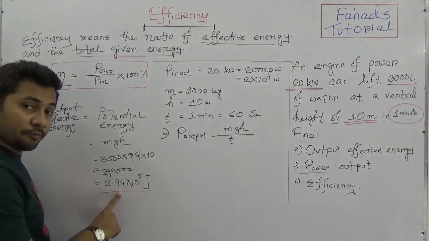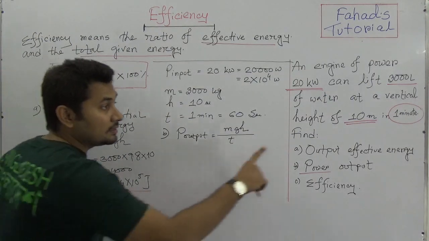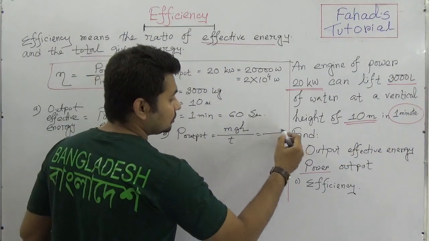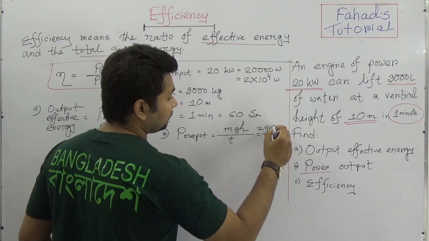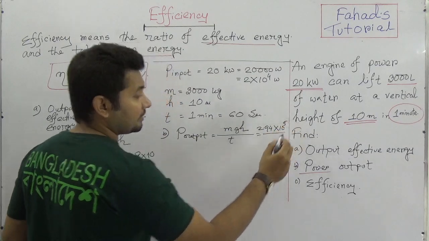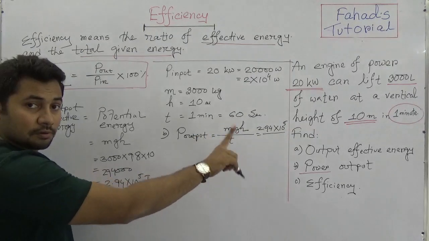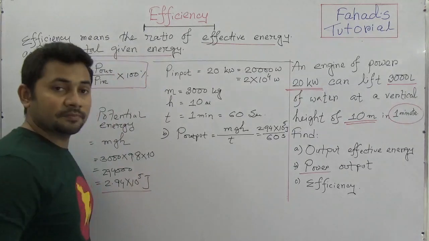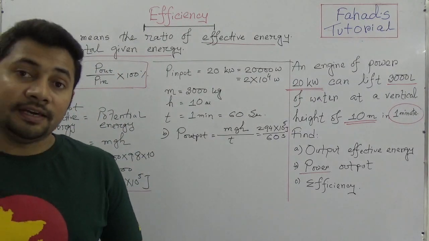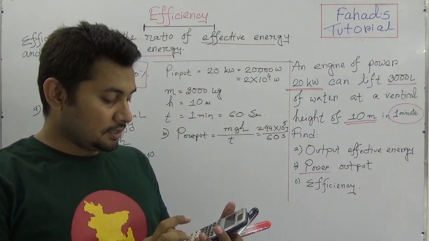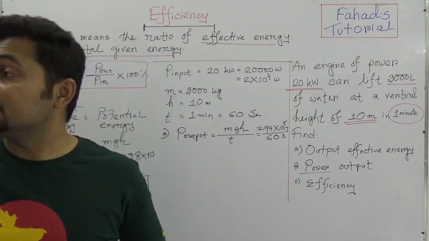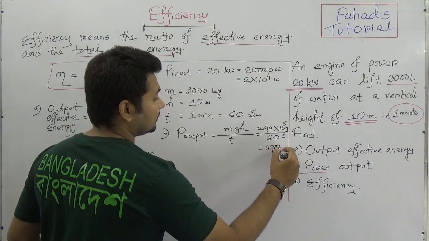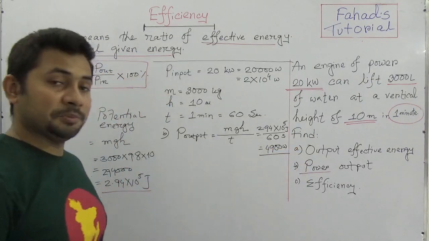This amount of work is done in this amount of time, in 1 minute. So 2.94 times 10 to the power 5 joule of work is done in 60 seconds. If we divide this value by 60, we get 4900 watt. This is the power output.